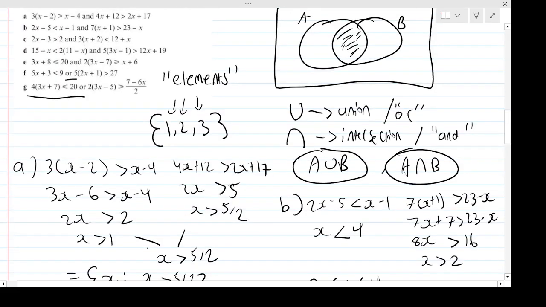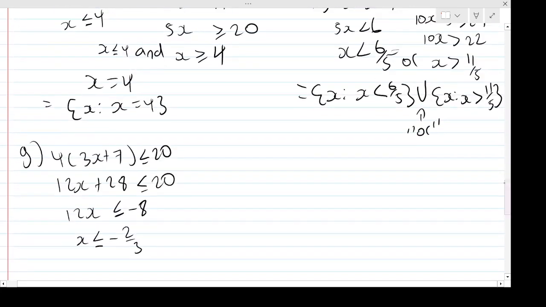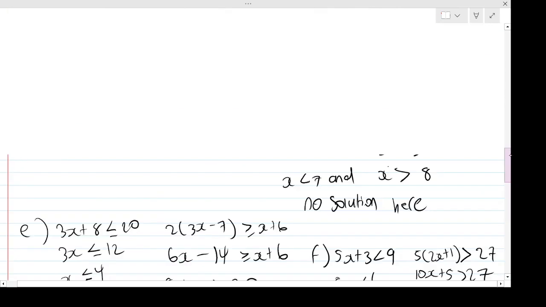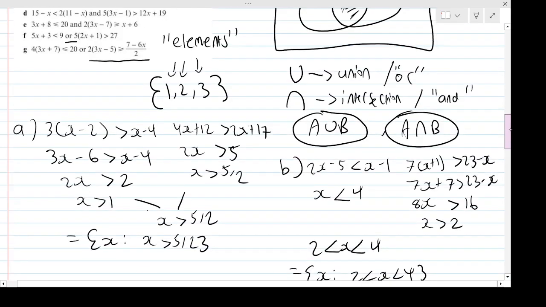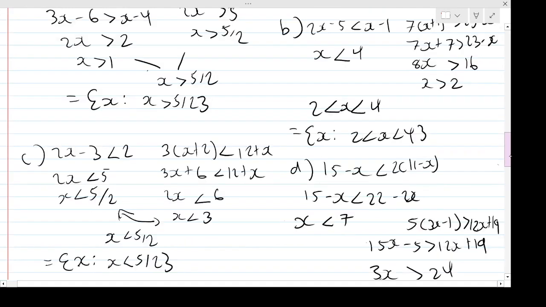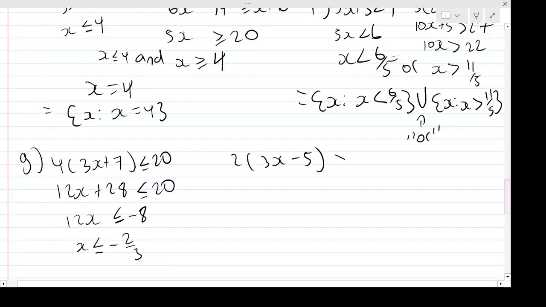Then we have this other inequality, or, 2 lots of 3x minus 5 has to be greater than or equal to 7 minus 6x over 2. Firstly, let's expand this.